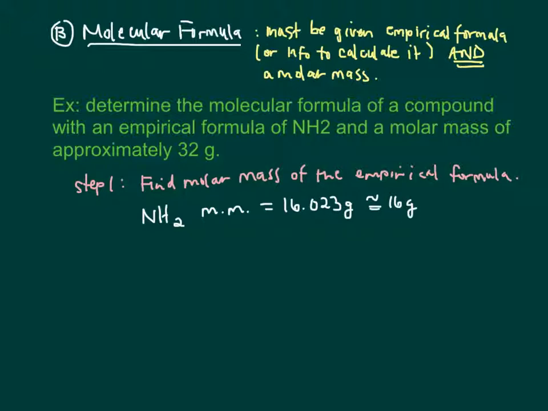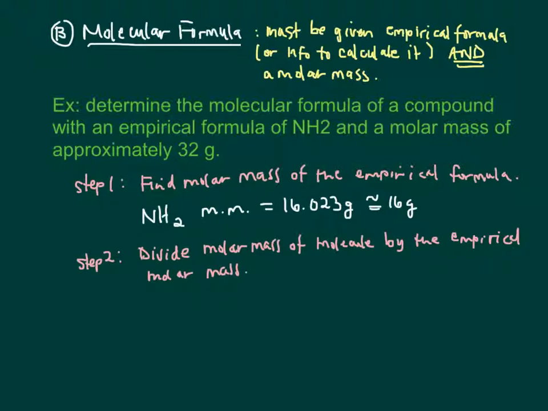You can round at this point because we're just trying to get an approximation. So you're given a molar mass of the compound, and now we have a molar mass for its empirical formula. You just want to see how many times that goes into that. So you're dividing the molar mass you were given for your molecule by your empirical formula's molar mass, and you're going to get approximately 2.